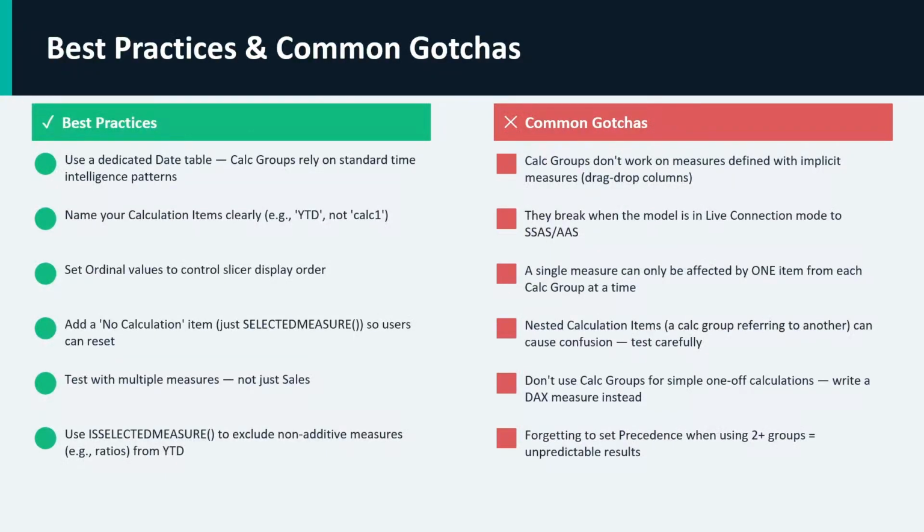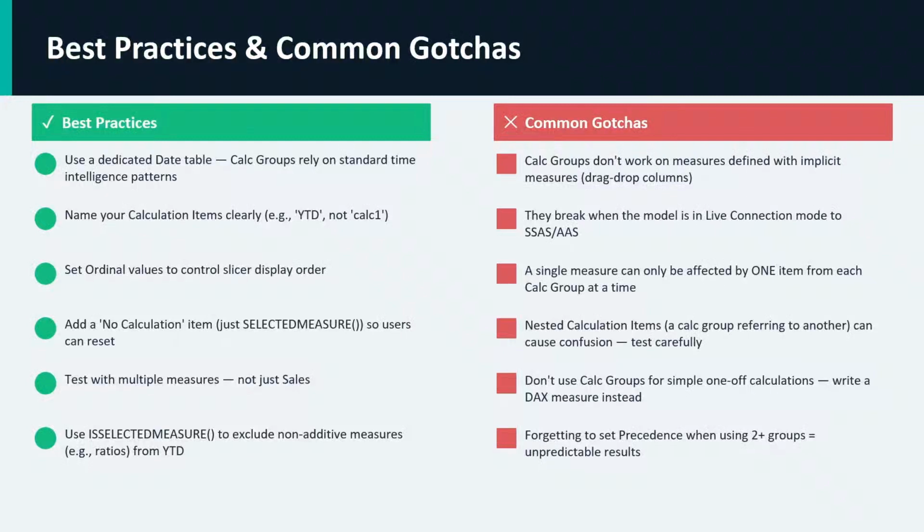So if your data set is connected to a published semantic model using live connection, you cannot add calculation group in the desktop report layer. 3. A measure can only receive one calculation item from each group per query. You cannot stack 2 items from the same group. You want to stack date YTD and MTD together. You can't.